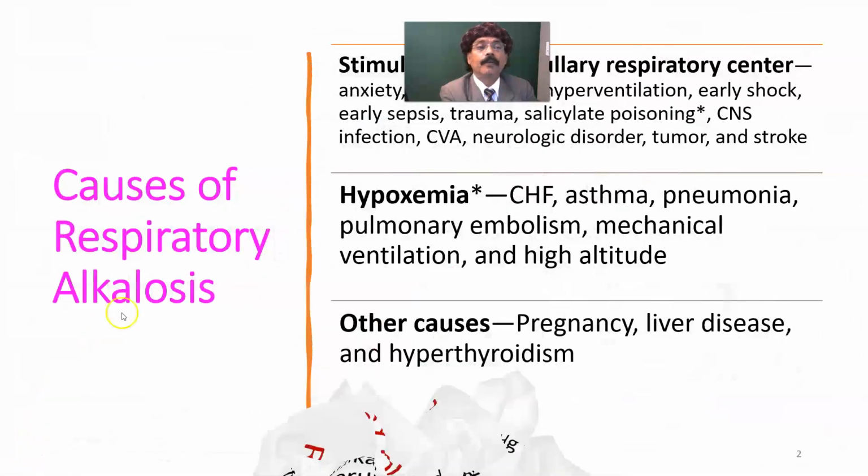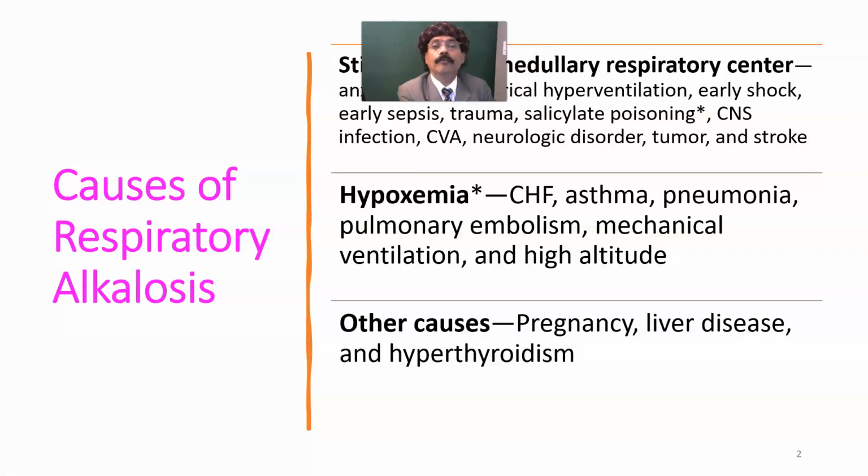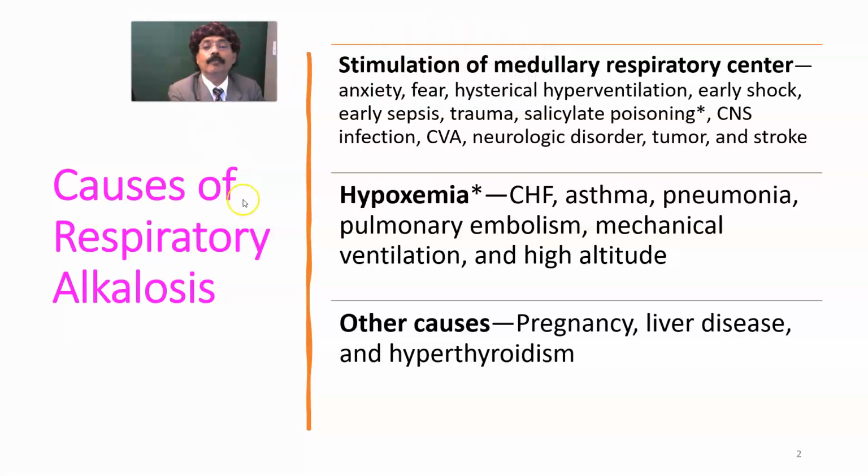So what are the causes of respiratory alkalosis? There are many causes. Stimulation of the respiratory center at the medulla oblongata of the brain stem may be caused by anxiety.